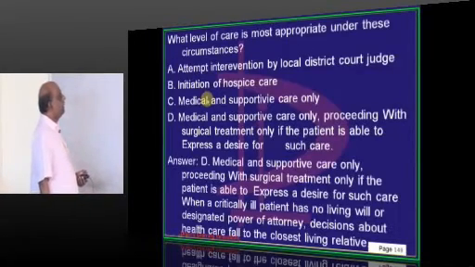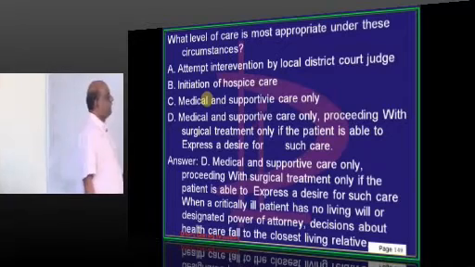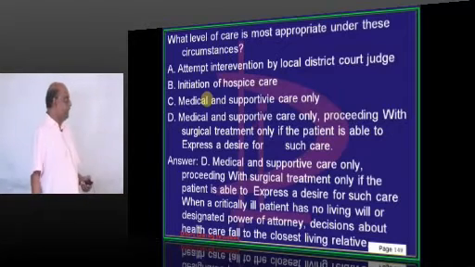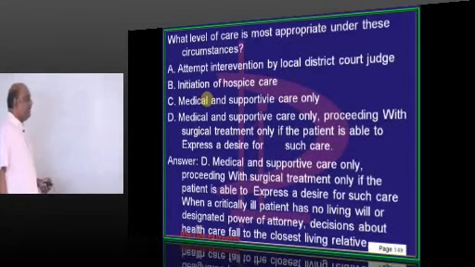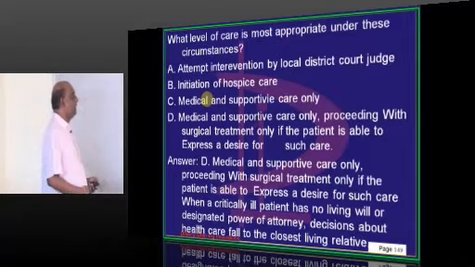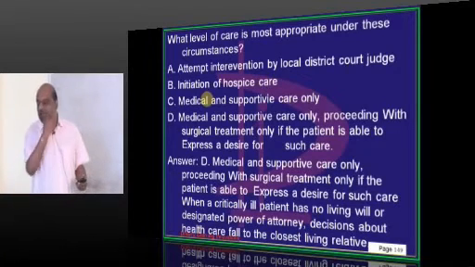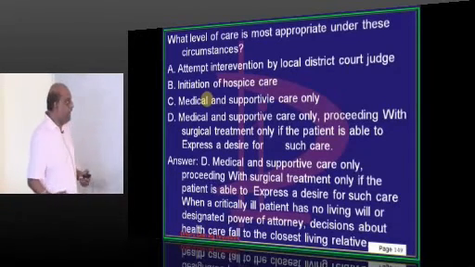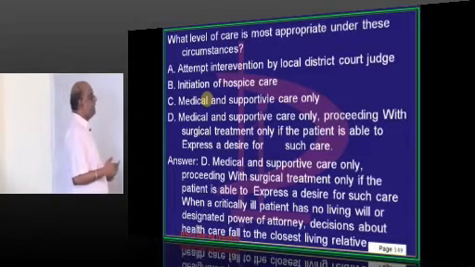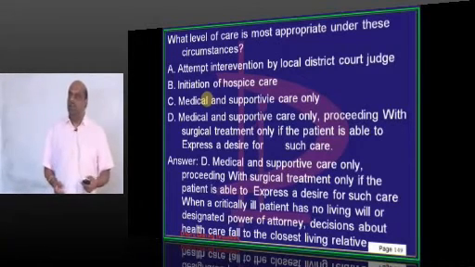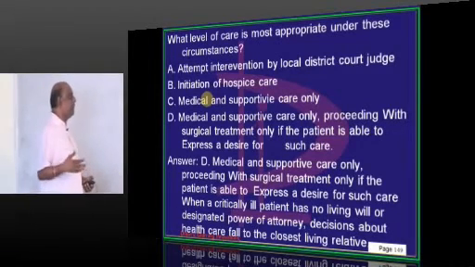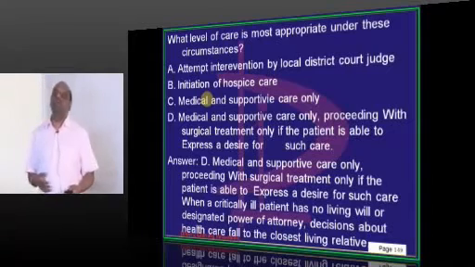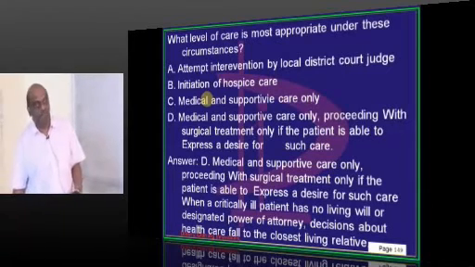So the most important thing is, whenever someone is critically ill, they have no living will or designated power of attorney. The decisions about the healthcare fall into the hands of their closest living relatives.